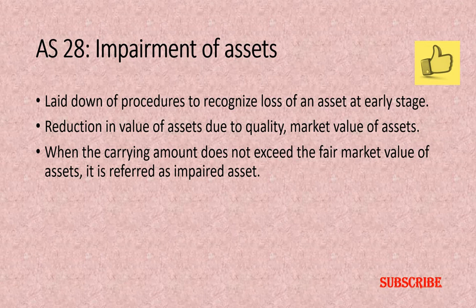If this is the case, the asset is described as impaired and the society is required to recognize an impairment loss. It is also essential to know when a society should recognize an impairment loss and make certain disclosures for impaired assets. So, when the carrying amount exceeds the recoverable amount of the asset, it is referred to as impairment here.